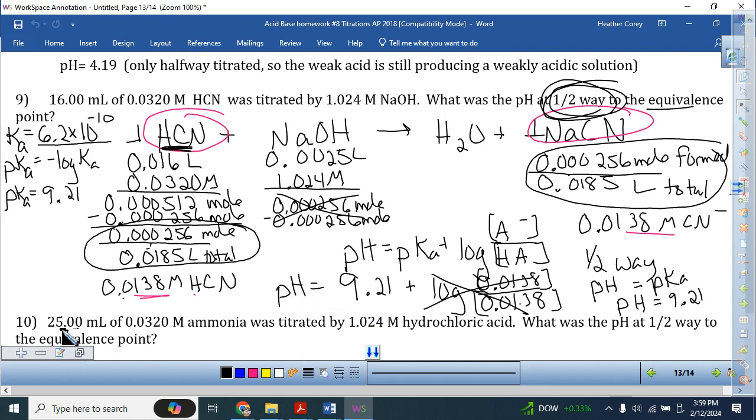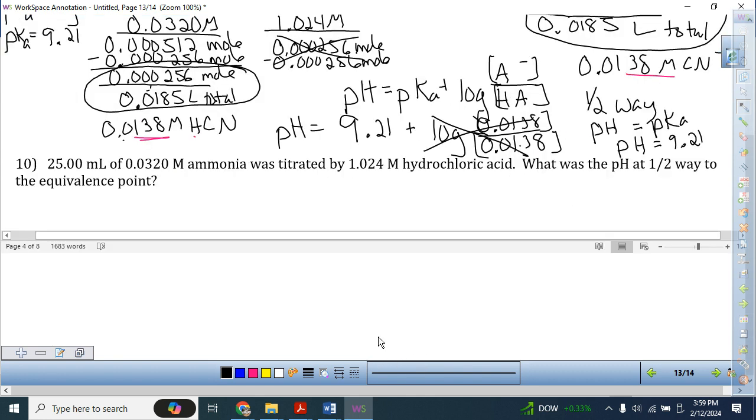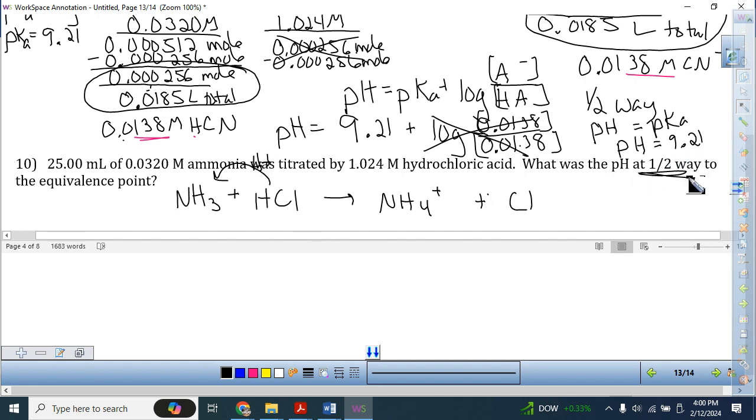So if I look ahead at number 10, I have my ammonia plus my hydrochloric acid making NH4 plus Cl minus. Acids are hydrogen donors, bases are hydrogen acceptors. This is halfway to the equivalence point. So when you see that it's halfway to the equivalence point, that's a good thing for you because all you need to know is the pH equals the pKa, or if it's a weak base, the pOH equals the pKb.